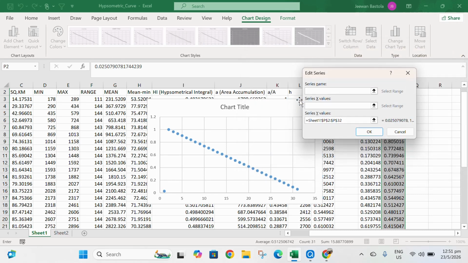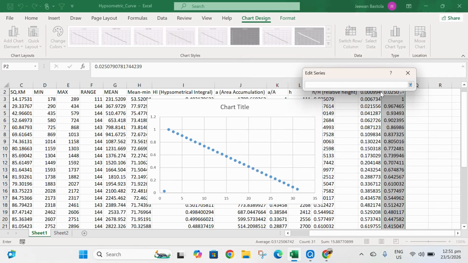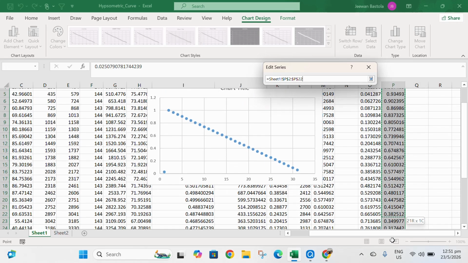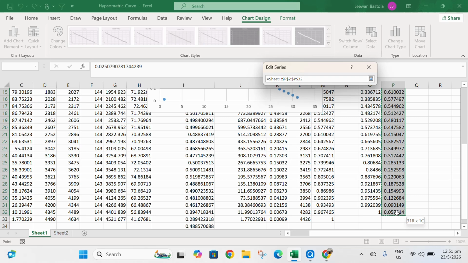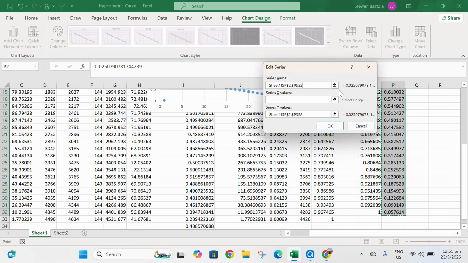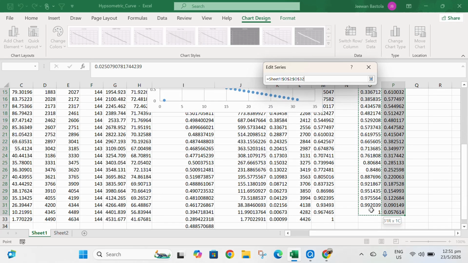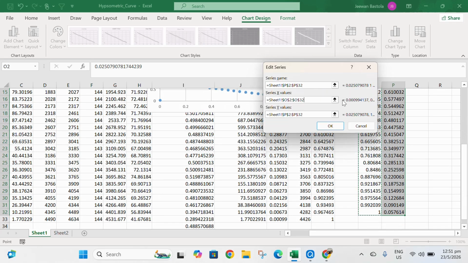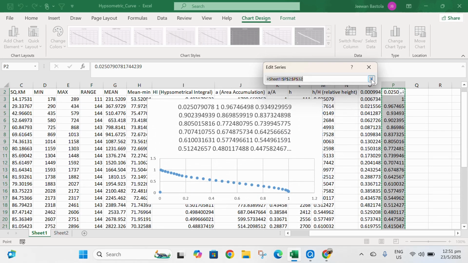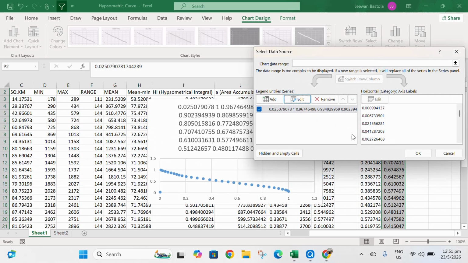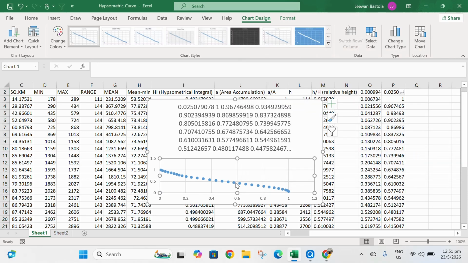So to edit the series, it will be the relative area. Okay, so it appears like this.